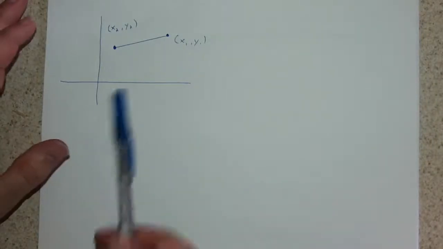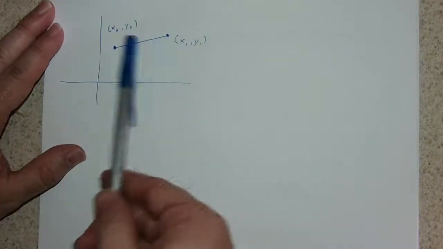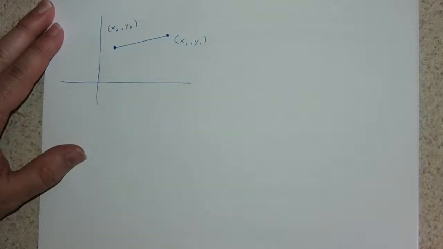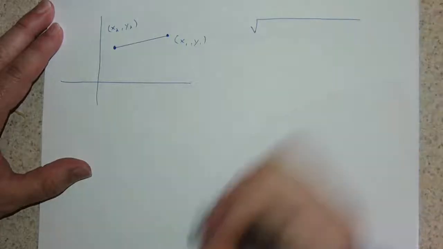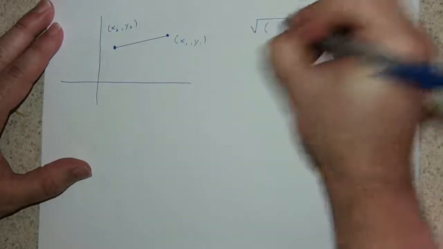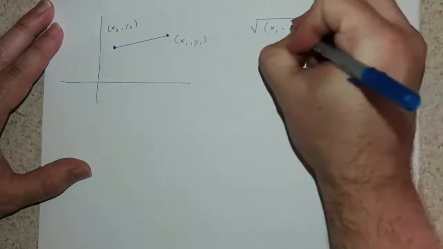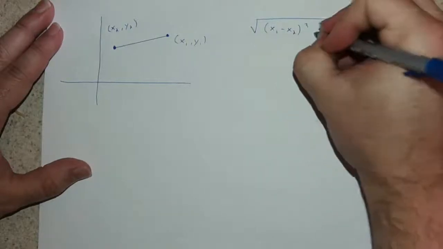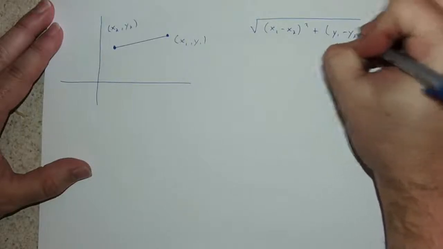You all could easily come up with the distance between these 2 points. The length of that line segment between those 2 points, we already know what that is. That is the square root of the difference in the x slots squared plus the difference in the y slots squared.